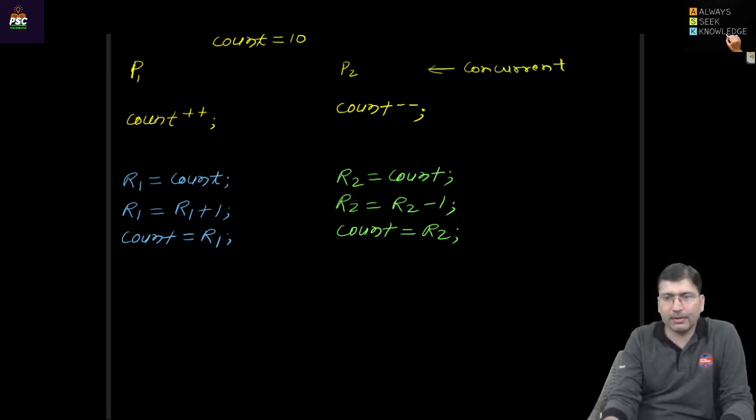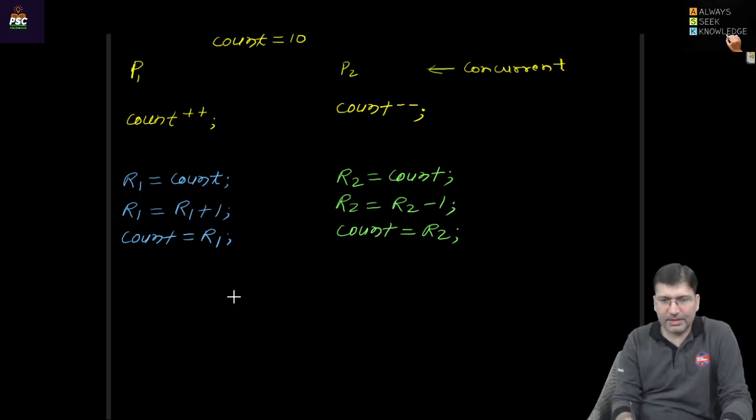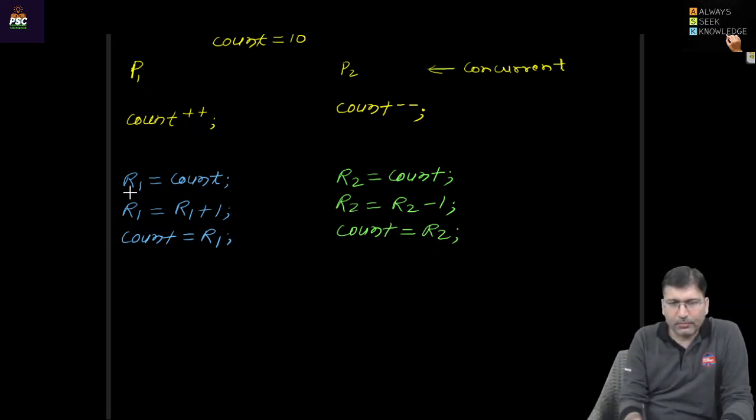Okay, now let's assume the situation. I'm writing the order of execution. So let's say this statement is being executed first, right? And let's say this statement is being executed next. Now after execution of the second statement, let's say there is a context switching.